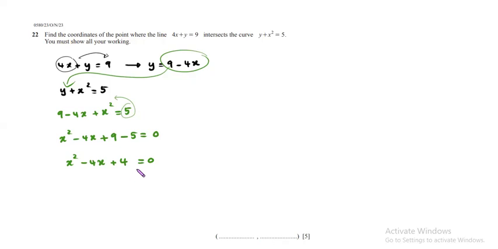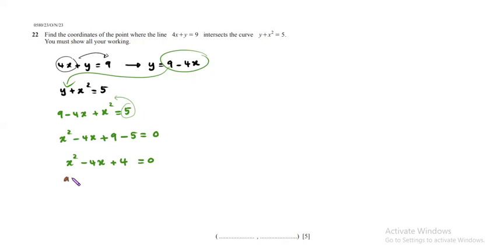But in this case, I'm going to make use of the quadratic formula so that I can give you an idea of how to make use of the quadratic formula. Always the equation has to be made equal to 0 when using the quadratic formula, or even the factorizing method, or even the completing the square method.